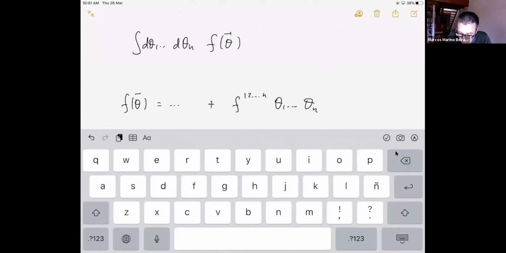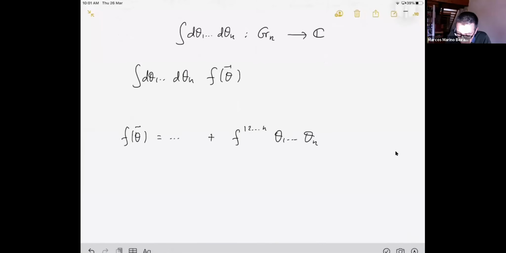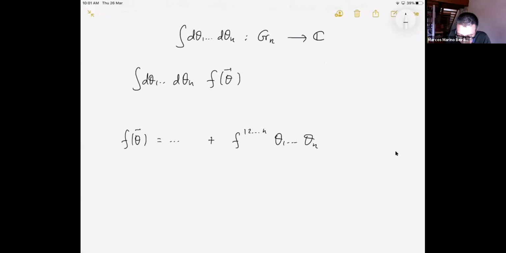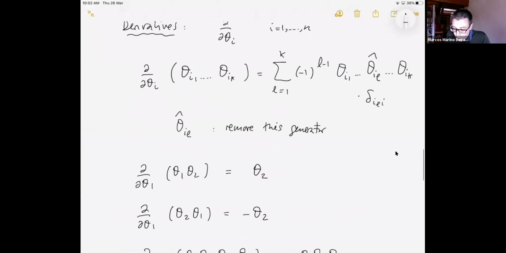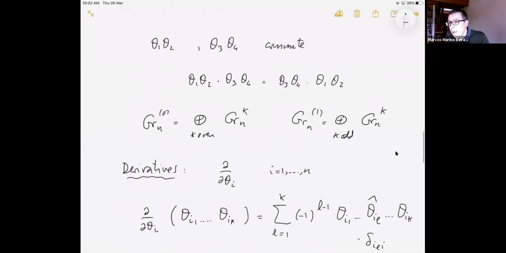Maybe I should make a comment here: if you think about the Grassman algebra GR_n as a vector space over K, the dimension of the degree k part is n choose k. You can think about this in this way: for an element of degree k, you have to choose k indexes in n, and the ordering is essential.